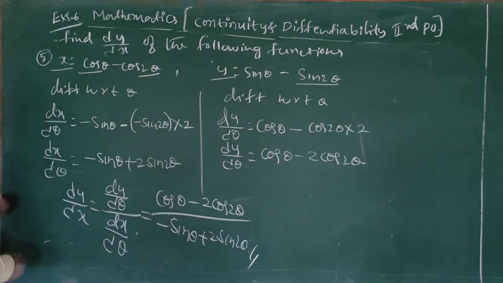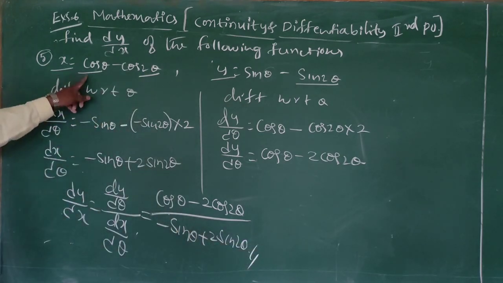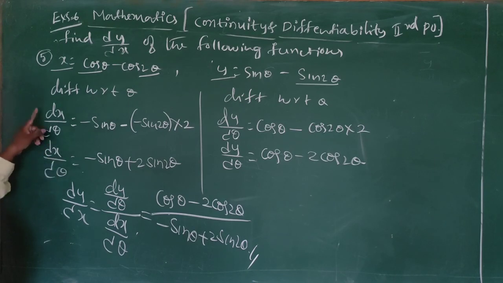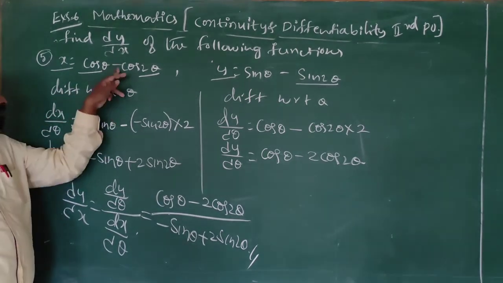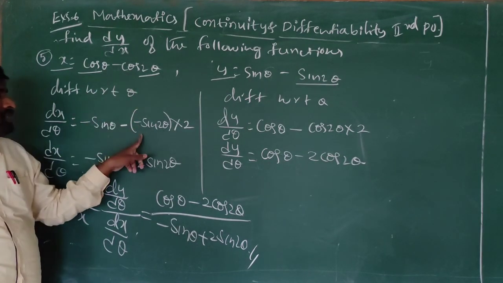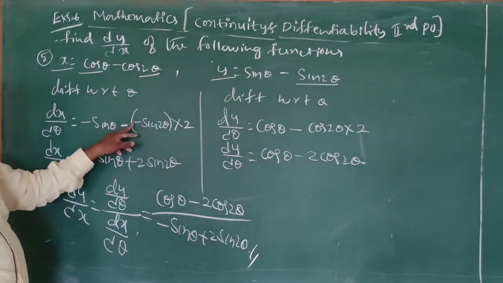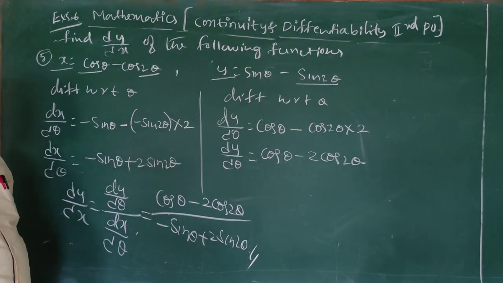Okay. So if x is equal to cos theta minus cos 2 theta, differentiate with respect to theta. dx by d theta: cos theta differentiation is minus sin theta, minus as it is, cos differentiation is minus sin 2 theta into 2. So minus sin theta minus into minus, plus 2 sin 2 theta.